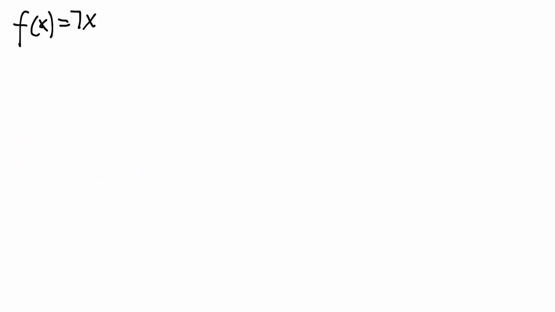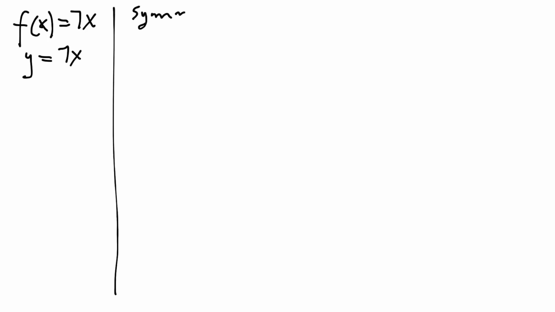So the first function is f of x is equal to 7x. Let's replace f of x with y. So y is equal to 7x. We're going to check for symmetry about the origin, and if it's symmetric about the origin, then we're going to conclude that the function is odd.